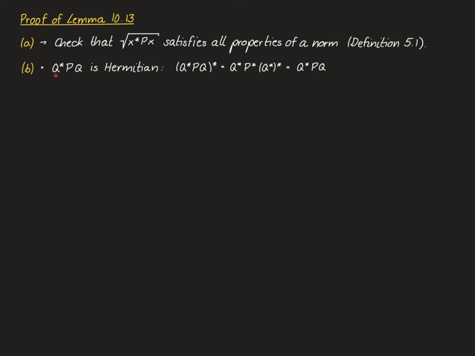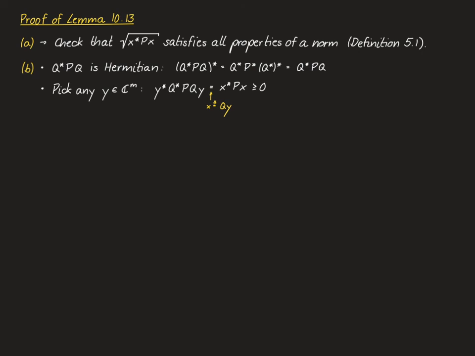First, that Q star P Q is Hermitian, which easily follows by looking at (Q star P Q) star, which turns out to be equal to Q star P Q. And second, that for any vector y in C^m, we have that y star times Q star P Q times y is greater than or equal to 0.